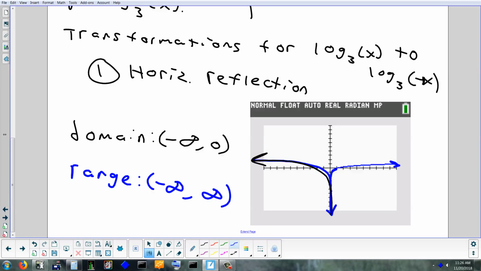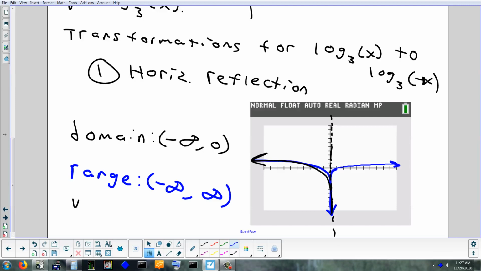How about your vertical asymptote? Did it move at all? Yep. No. The vertical asymptote was right here. Well, if you mirror image something, whatever was on the line that you folded the piece of paper on stays exactly where it was. The vertical asymptote was right on the line that we folded it on, so it doesn't move at all.